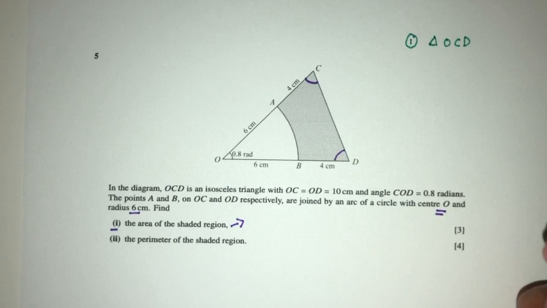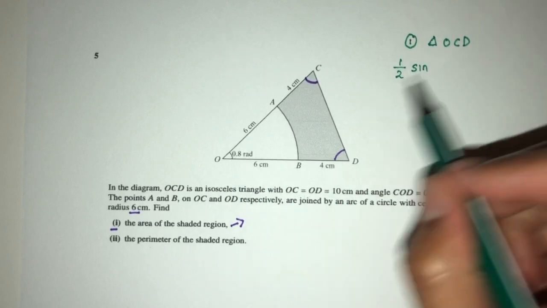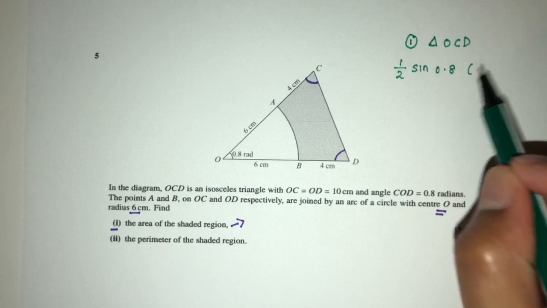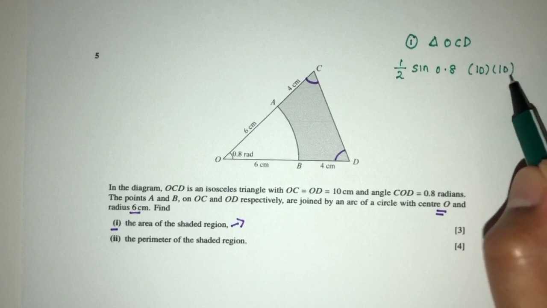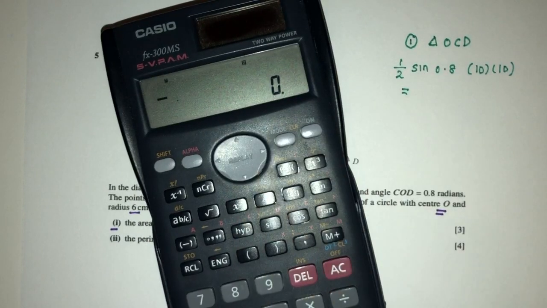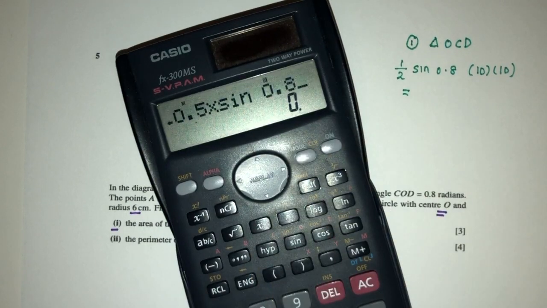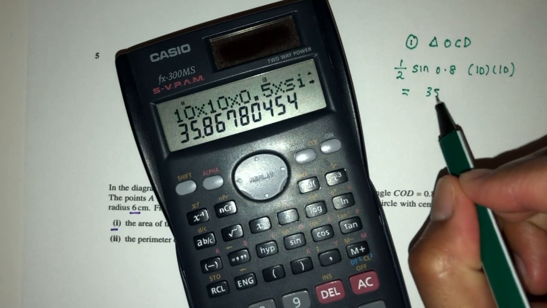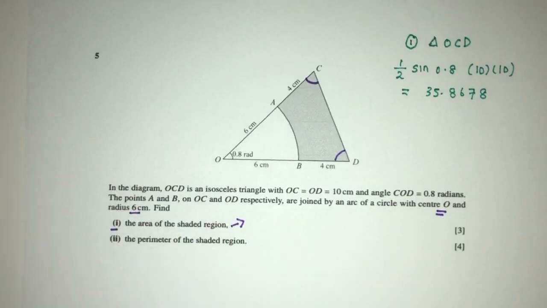We can simply use our formula, which is half times sine of the angle in between, which is 0.8, times the two sides around the angle, that will be 10 times 10. 10 times 10 times 0.5 times sine of 0.8. So here we have to use radians. That will be 35.8678.